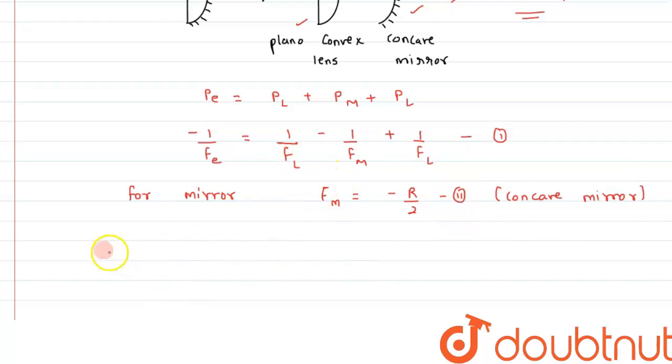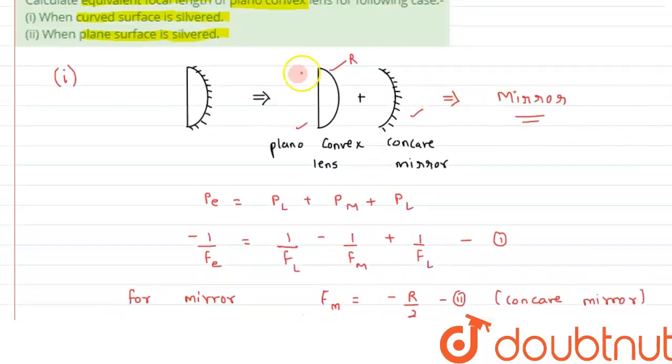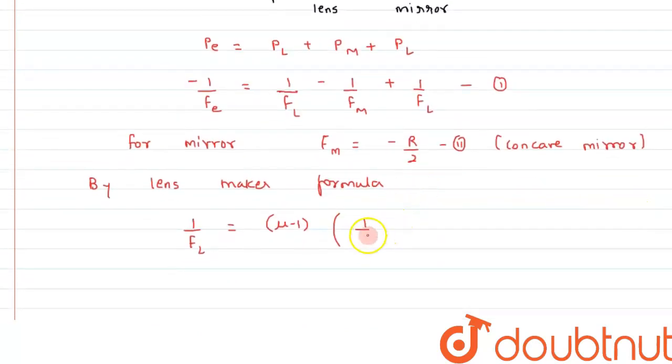Now we have to calculate the focal length of the lens. For that we will use the lens maker formula: 1 over fl equals mu minus 1 into 1 over the radius of the first refracting surface minus 1 over the second. When the light is coming this way, it will first get refracted by the plane surface. The plane surface has a radius of infinity, so we write 1 over infinity minus 1 by minus r.